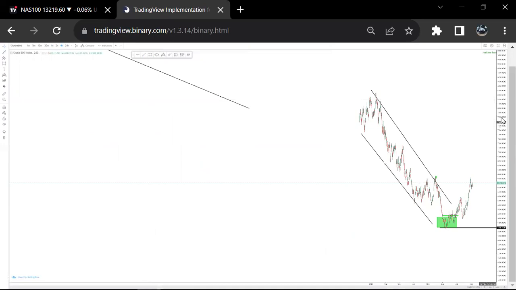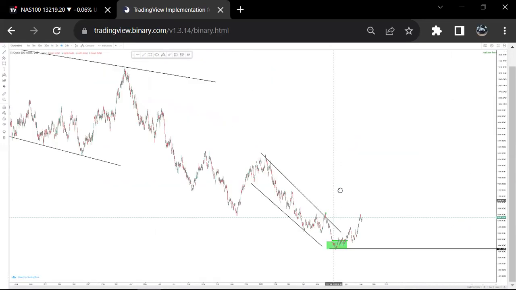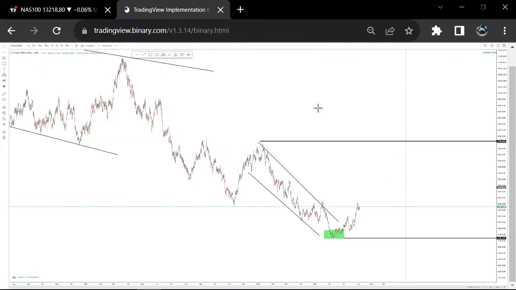There's a head, left shoulder, right shoulder. The take profit level has to be under the 90% rule.